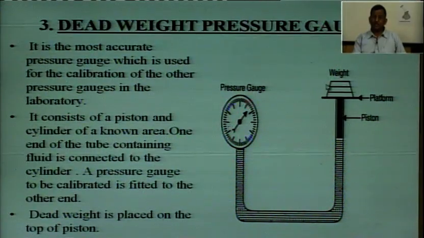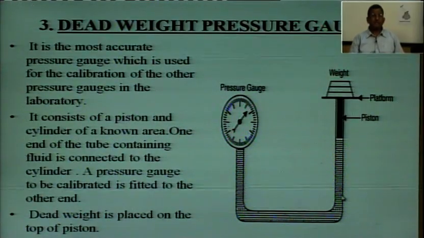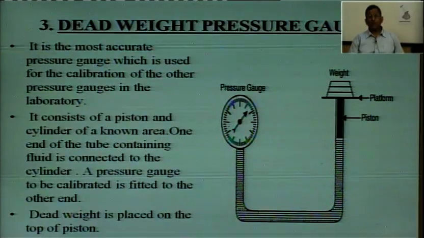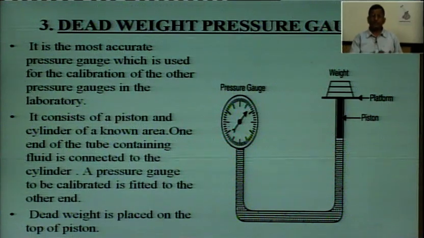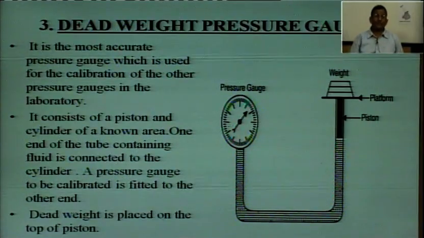This piston under the different weights will press this lever. So it is the most accurate pressure gauge, which is used for calibration of other pressure gauges in the laboratory. In the laboratory where we make gauges, we calibrate with this type of dead weight pressure gauge.